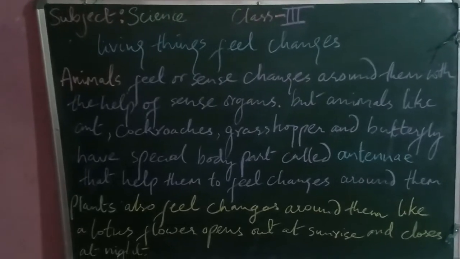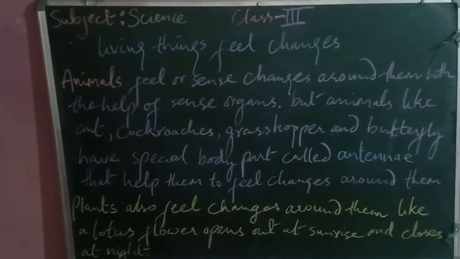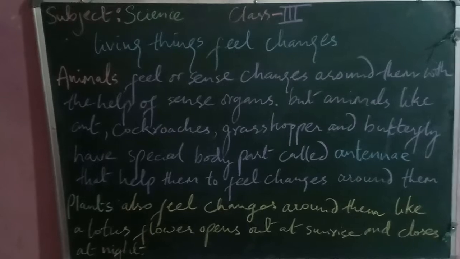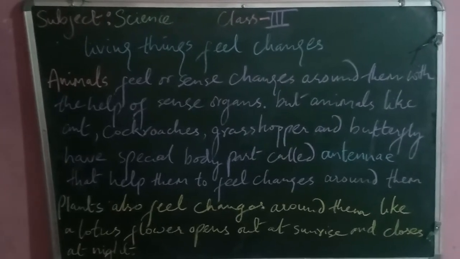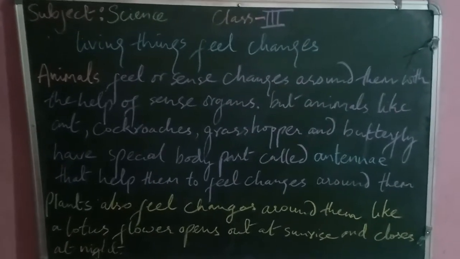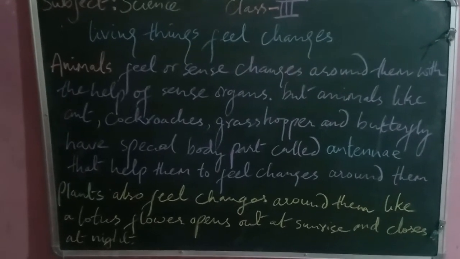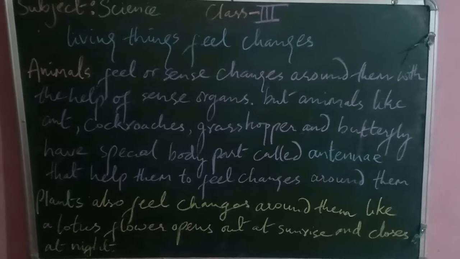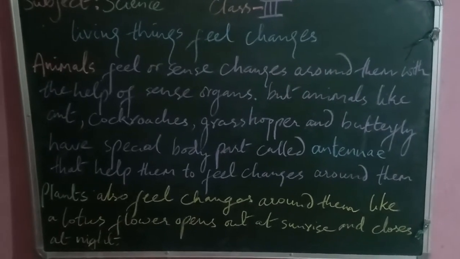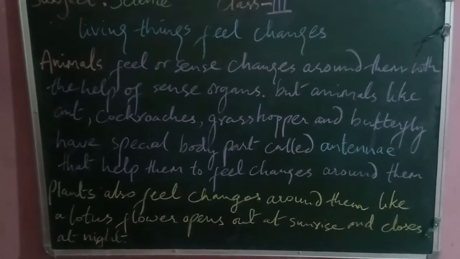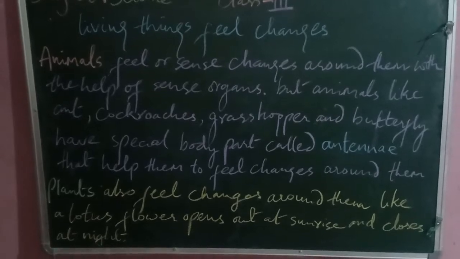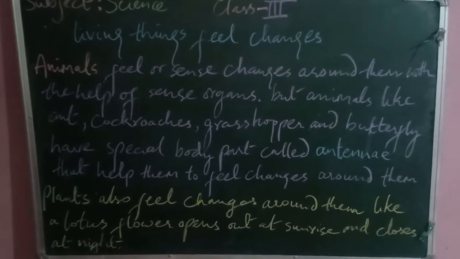There is also a flower called lotus, which opens in the morning when the sun rises and closes at night. Plants can also feel light and grow towards it. Non-living things do not feel changes.